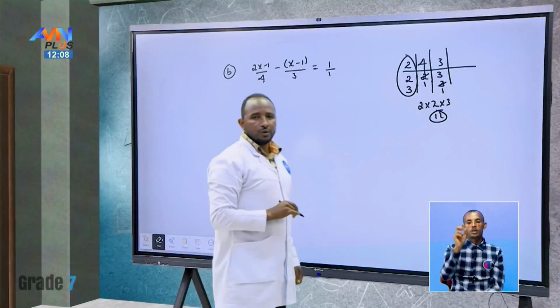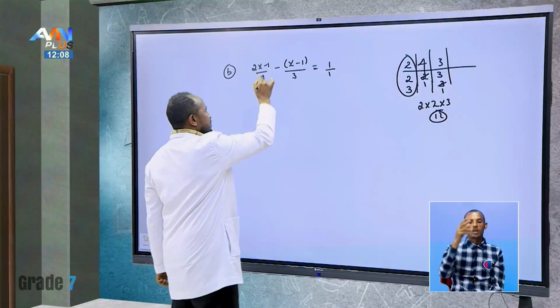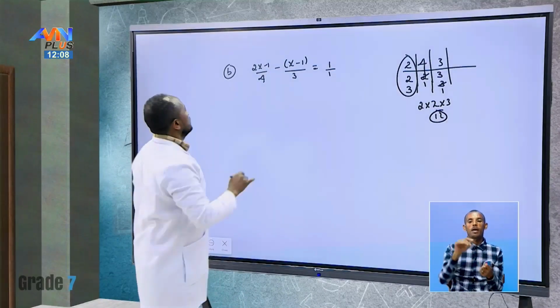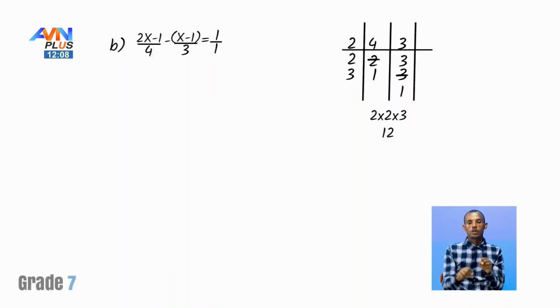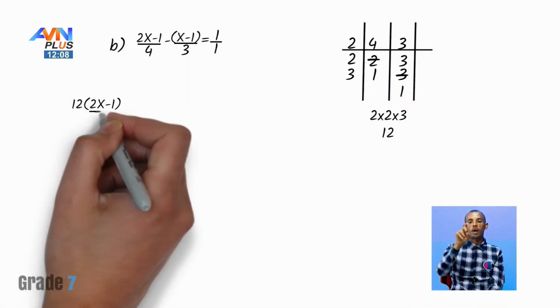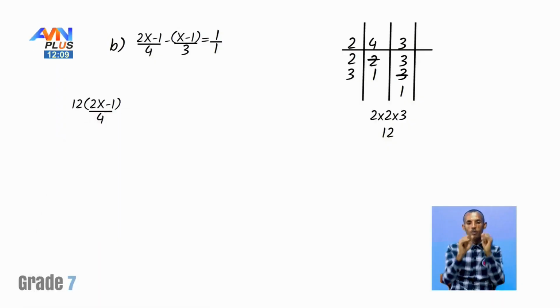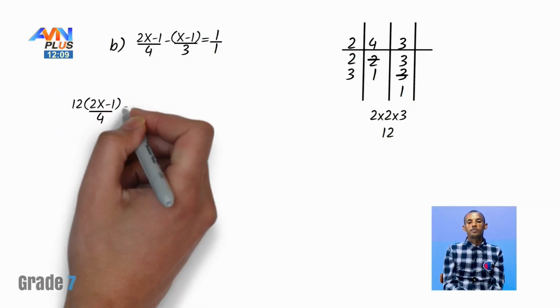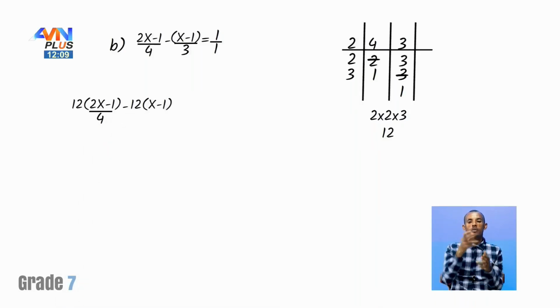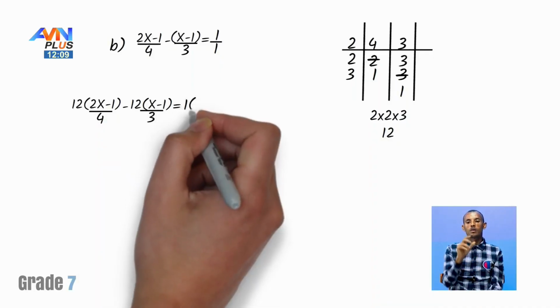The LCM is 12. Therefore, multiply each term by the LCM. So, 12 times 2x minus 1 over 4, and again, minus 12 times x minus 1 over 3 is equal to 1 times 12.